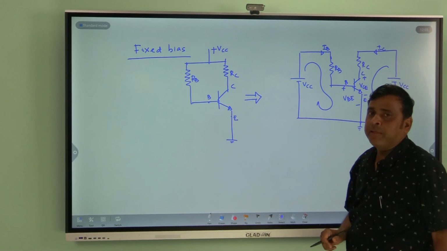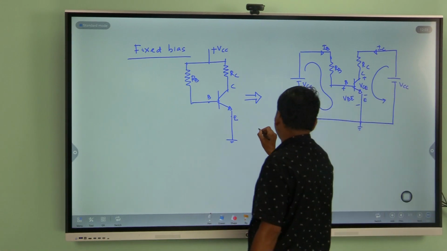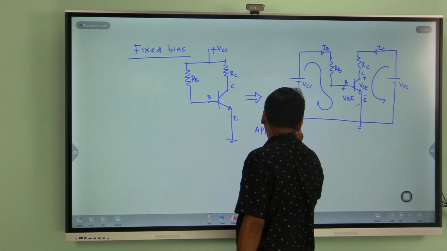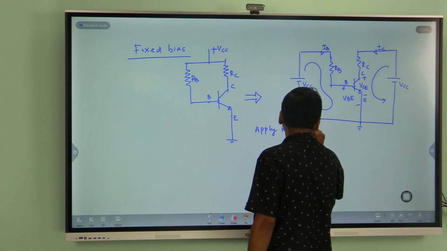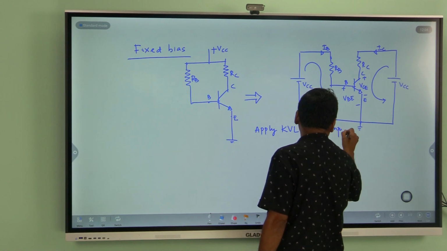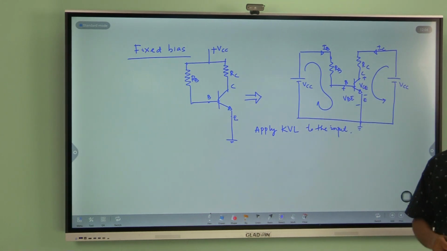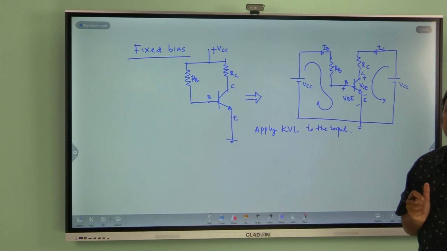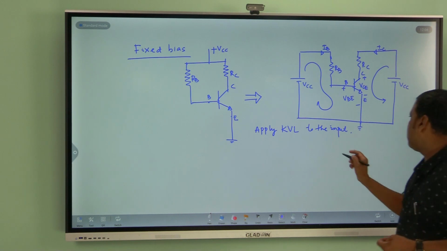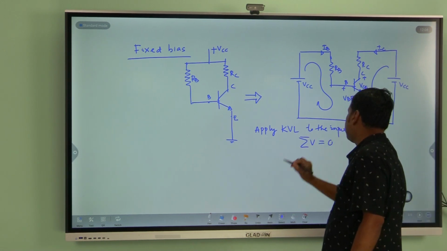Then I am applying Kirchhoff's voltage law to the input loop. Already I told you what is KVL: the algebraic sum of the potentials in a closed loop is 0, summation of V equal to 0.